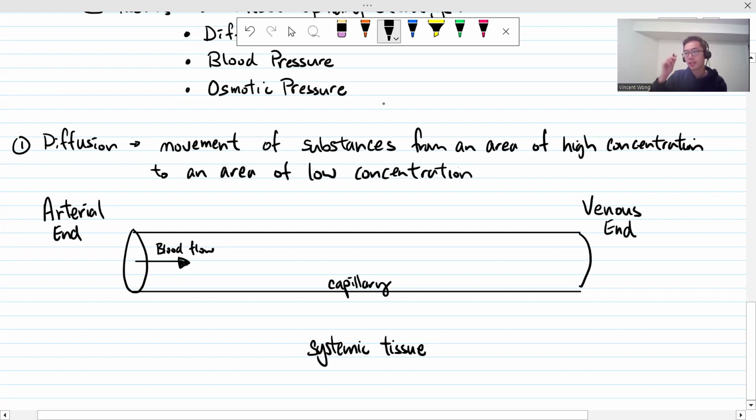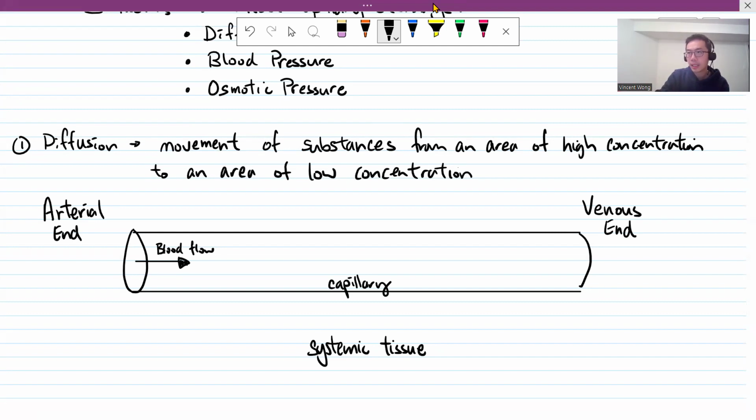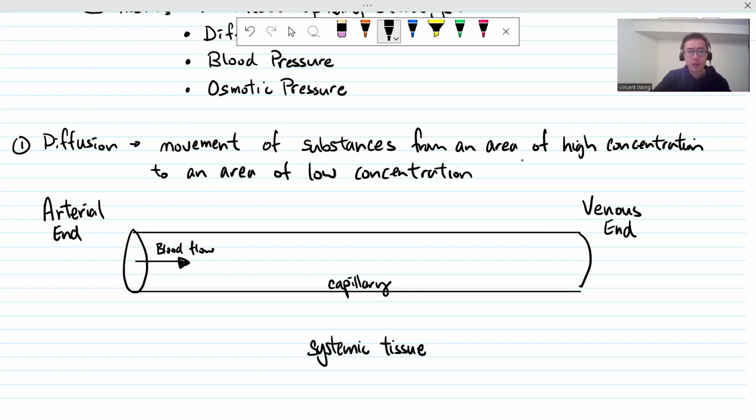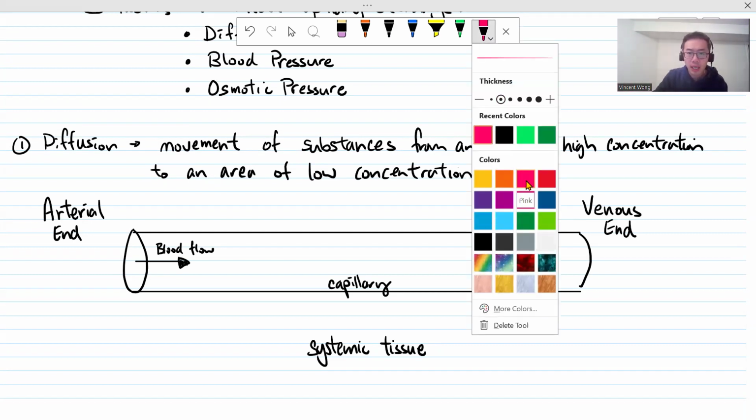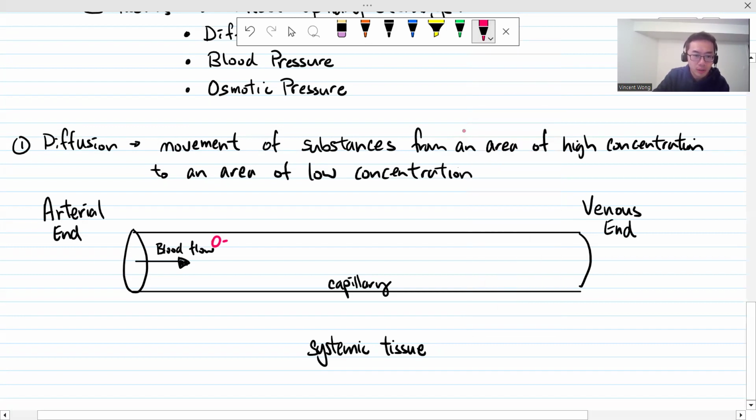If this is a capillary that's found in the body tissue, do you think this blood coming in to the tissue is going to be oxygen rich or oxygen poor? Rich. Because we have to deliver the oxygen to the body, right? So if you have colors, I'm gonna put some O2 here. O2, O2, it's rich in O2.